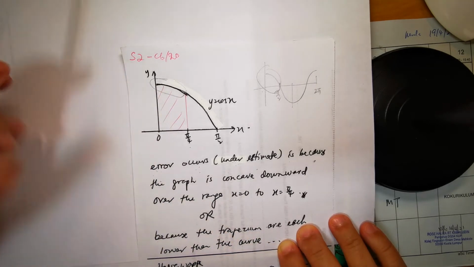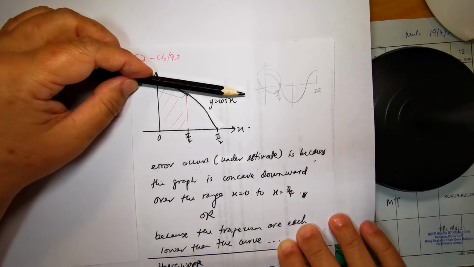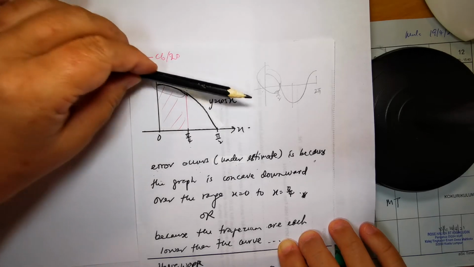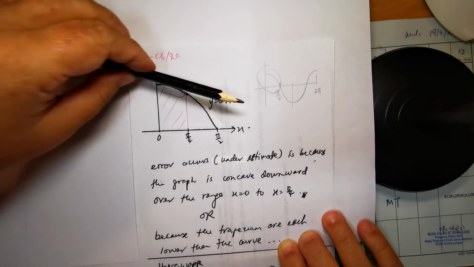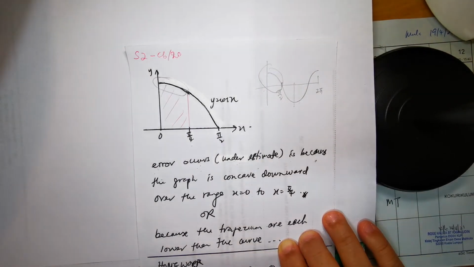See, concave downwards. The gradient from, no, it's concave upwards, sorry, because the gradient is increasing, right, from more horizontal to more steep, right? Sorry, I made the mistake.